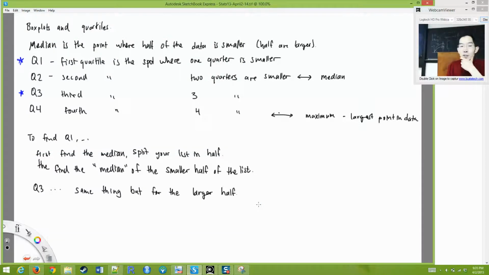Once you have Q1 and Q3, we have something called the IQR. IQR is the interquartile range, and it gives us an idea of how spread out our numbers are.